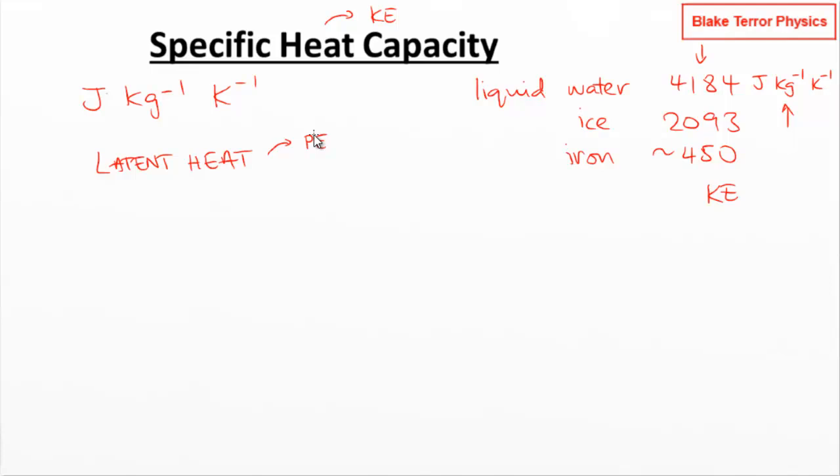Latent heat varies from substance to substance, and you'll get a different latent heat of fusion to your latent heat of vaporization for a particular substance. So there's a load of crossover here in the two ideas. Now, if you're going to try and determine what these things are, which is mainly what we're interested in here, how to determine them and then how to use them, there's a couple of methods really.